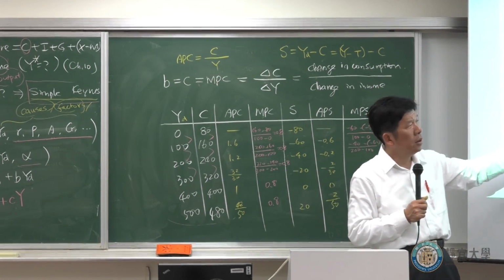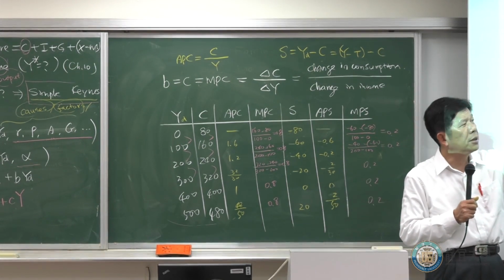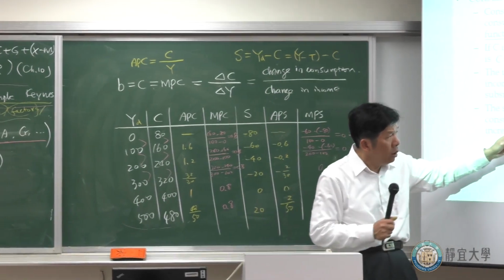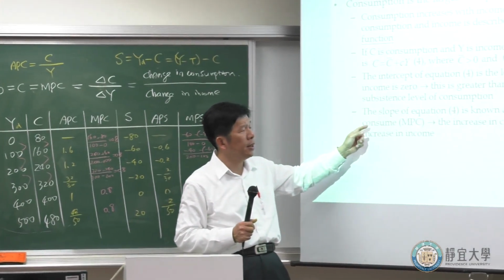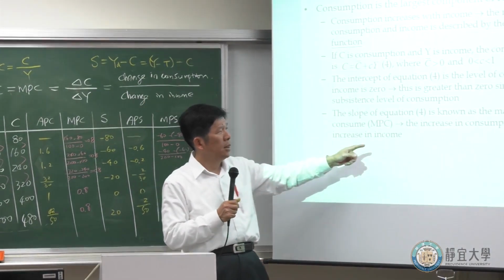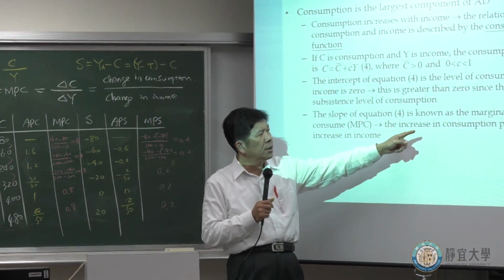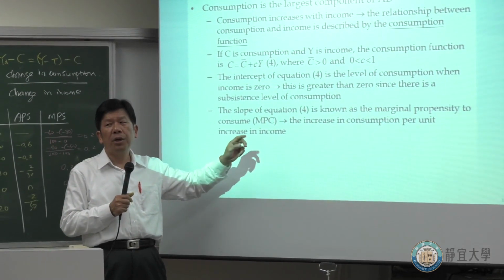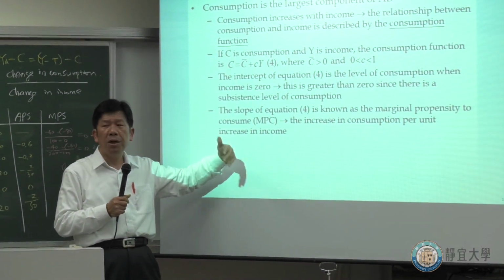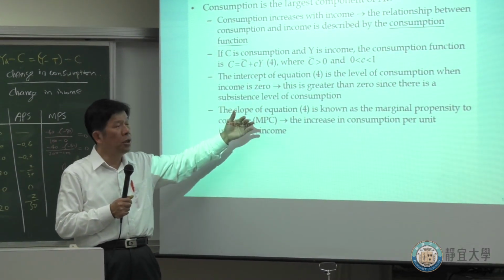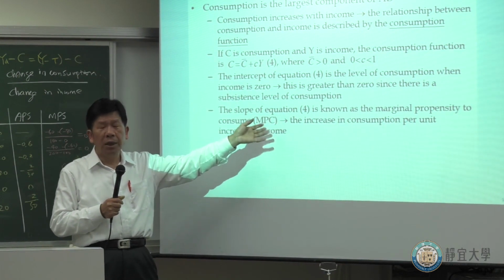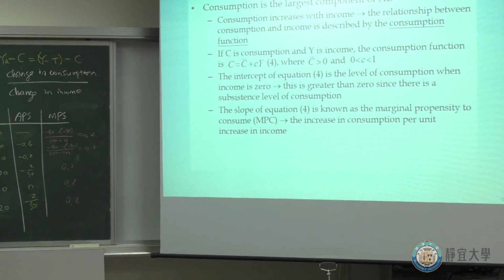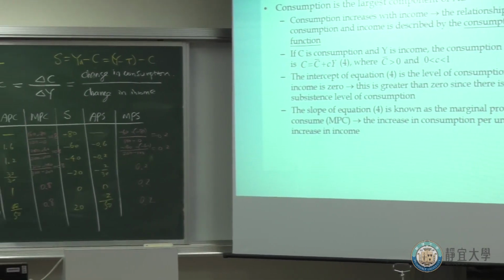Or you also can say this is marginal propensity of consumption, so this is what we call MPC. This means the increase in consumption per unit increase in income. Actually, it represents the change in income and the change in consumption. They got some special relationship.